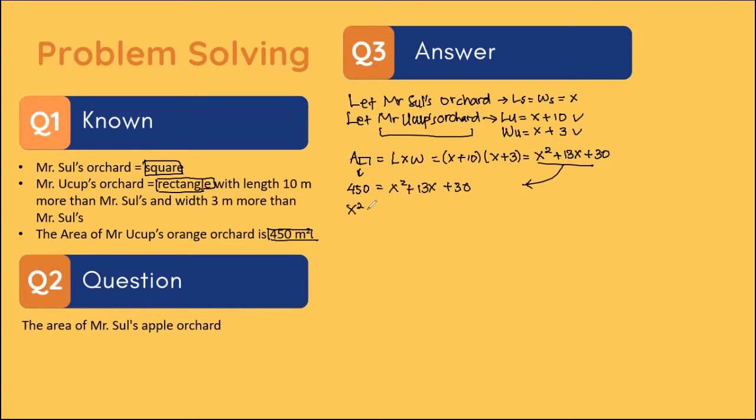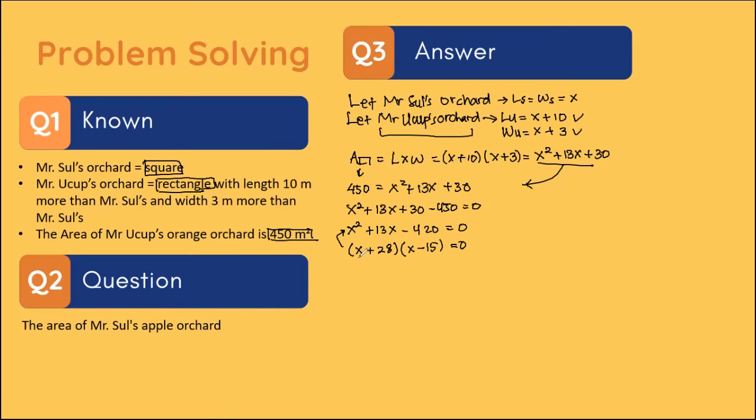Solving this equation, we will get x squared plus 13x plus 30 minus 450 equal to 0. Solving this equation, we get x squared plus 13x minus 420 equal to 0. We can factorize this equation and then we will get x plus 28 times x minus 15 equal to 0.